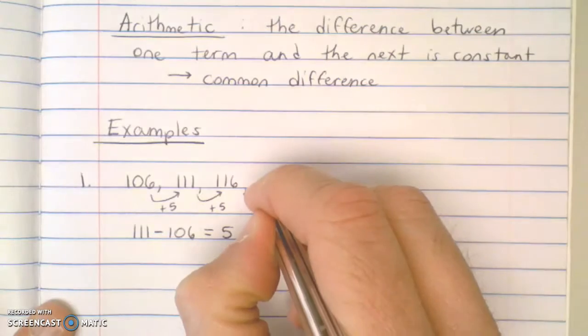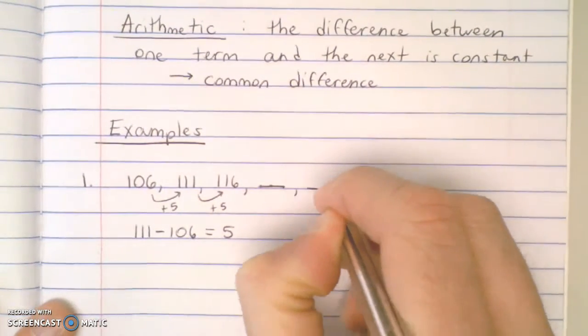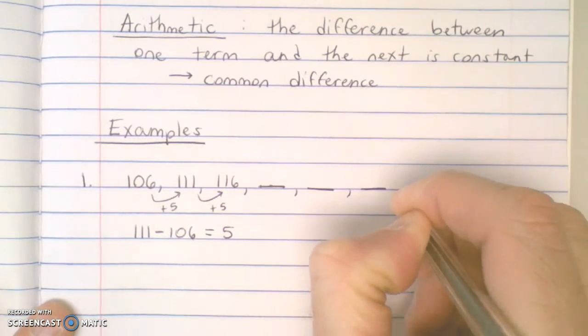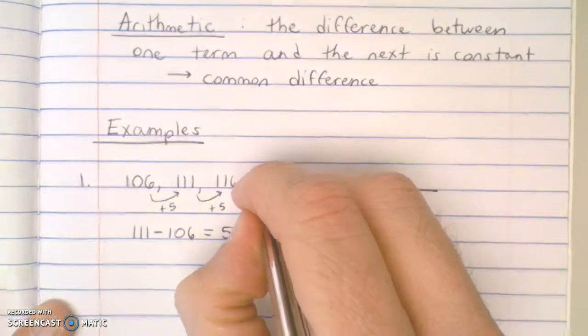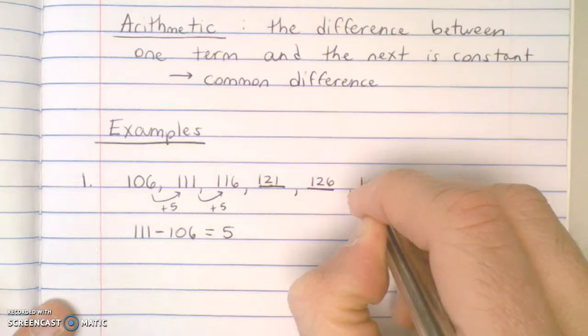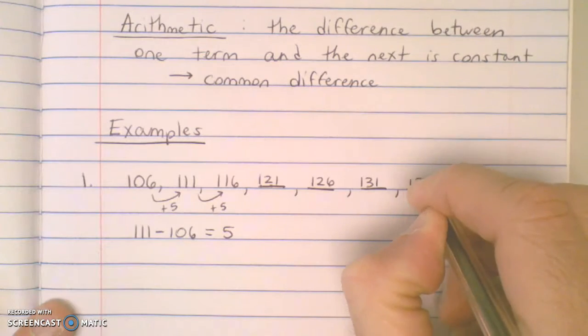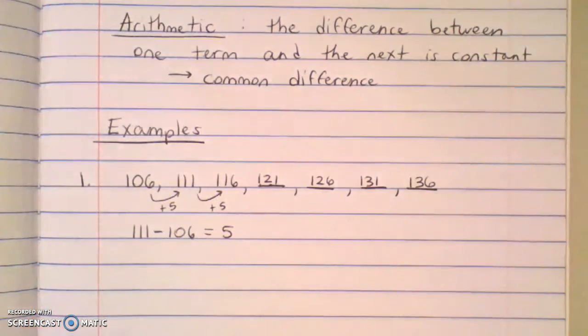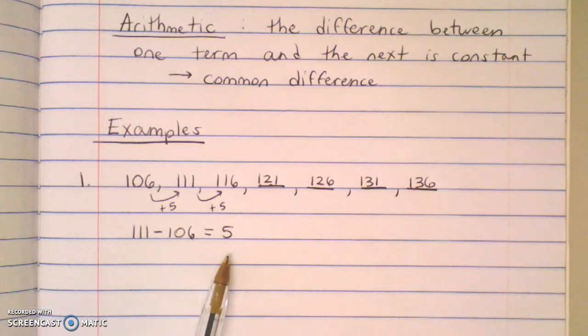Now to get the next four terms, I just keep adding 5 four additional times. So I have 121, 126, 131, 136. Once I found that common difference, I just applied it, and then I was able to find the next four terms of the sequence.